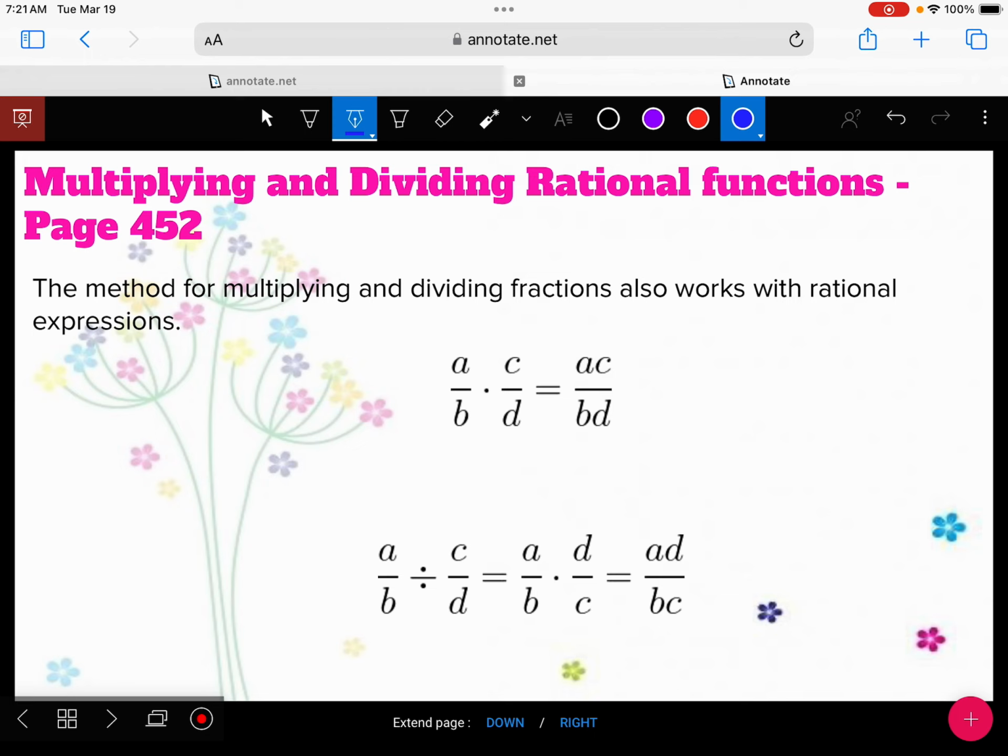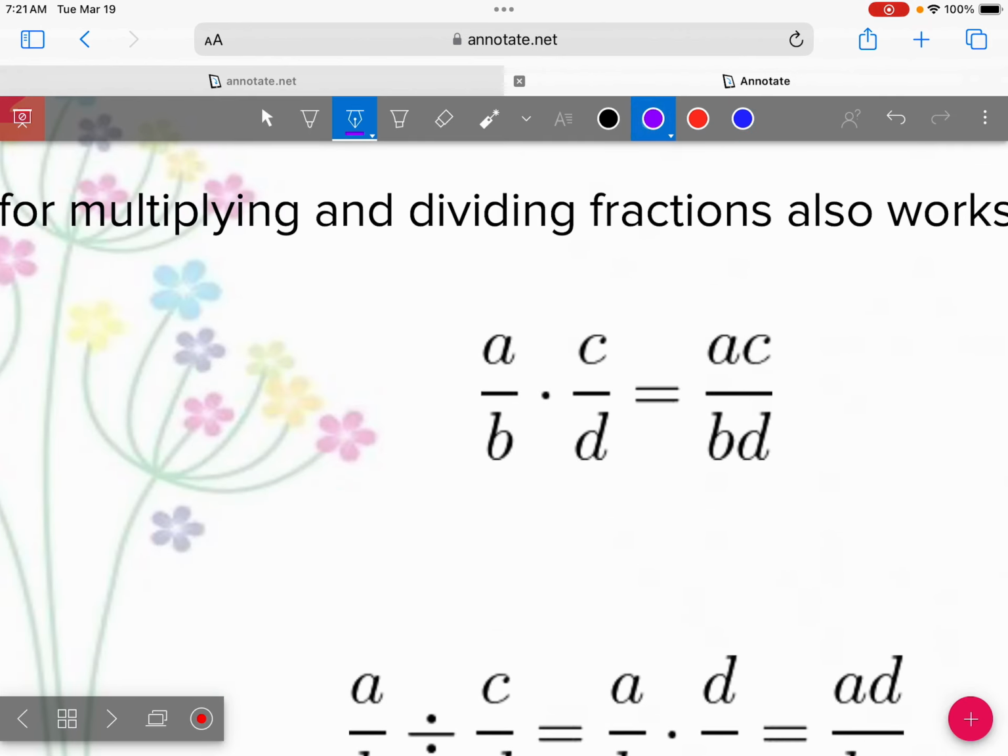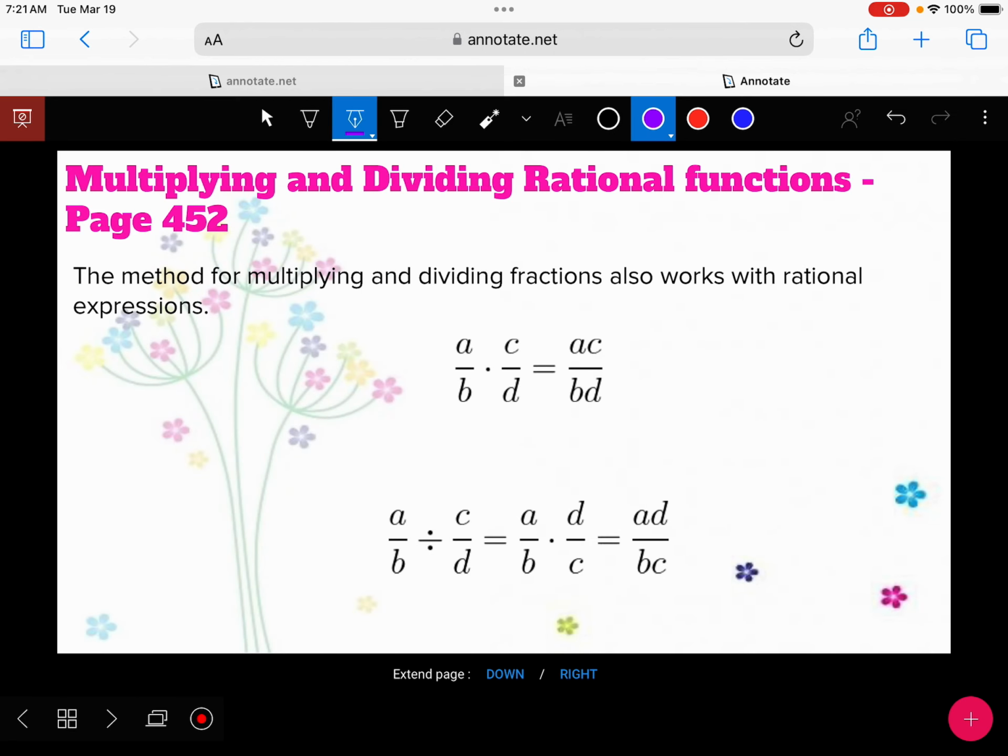And you can write this down if you want to, if it helps you. This is literally what we just did. When it's multiplying, we multiply across.